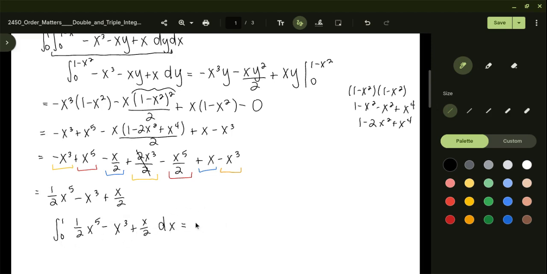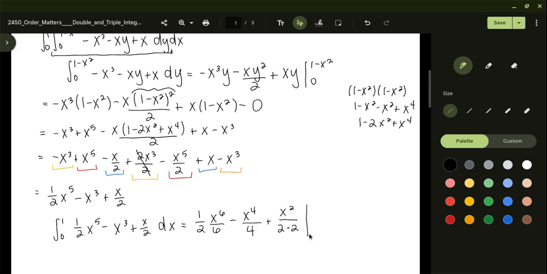So evaluating this, we get 1/2 x⁶ divided by 6, and then minus x⁴ divided by 4 plus x² over that 2 that we still had, but now using that power rule of integration times the 2 of our new power.